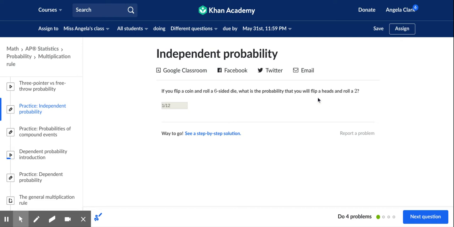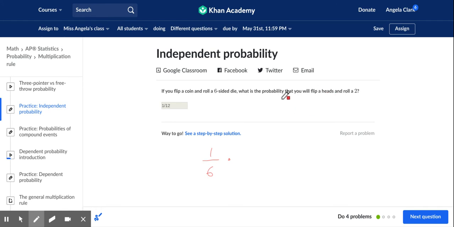So these are independent. To find the probability, I need to just find the probability of each one separately and then multiply them together. So the probability that I roll a 2, well, there are 6 possible outcomes, and 2 is only one of those outcomes, so that would be 1 in 6. You multiply that by the probability of flipping heads.